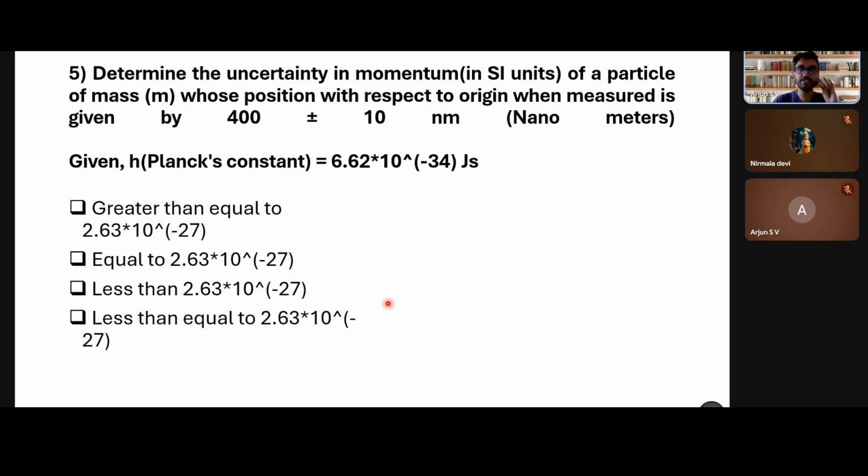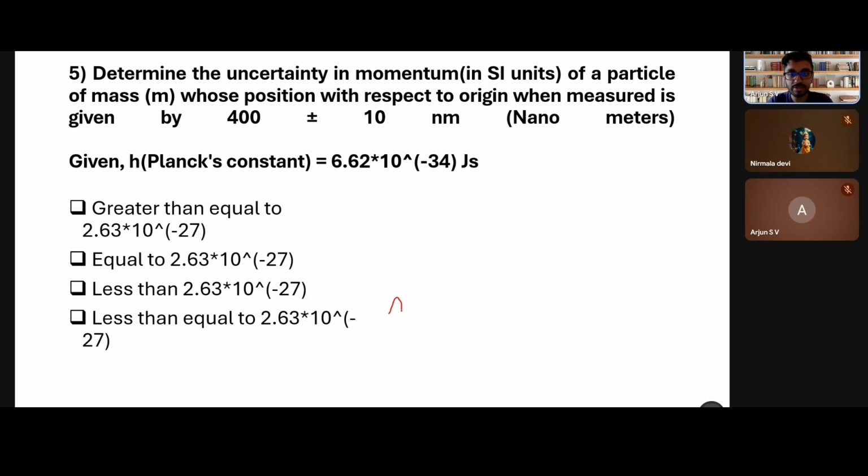So the simplest way to go around solving this answer is by directly using the Heisenberg's uncertainty principle, where we know that the product of the uncertainty in position as well as the momentum will be greater than or equal to Planck's constant divided by 4 pi.